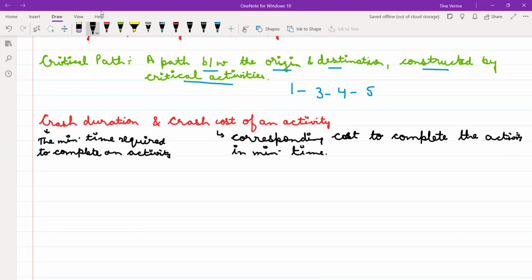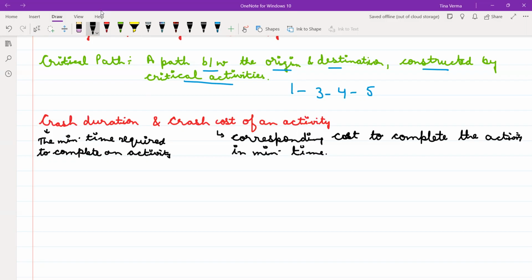For example, एक एक्टिविटी आप खत्म करने में, that means the normal duration that you take, the maximum time that you are taking, 8 days you need to complete that activity. But crash duration is that you can complete that activity within minimum time. That I am saying that you can complete this activity by 5 days. I will provide more labor, more time, more raw material so that it can complete within 5 days. So the crash duration will be your 5 days.